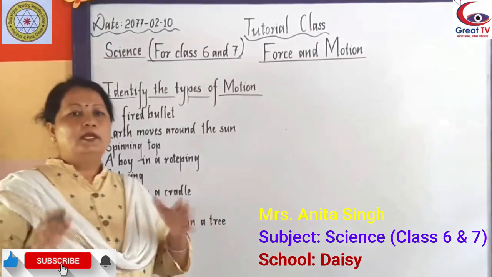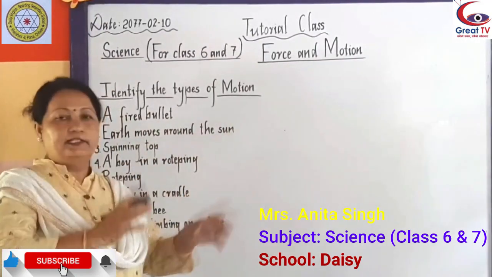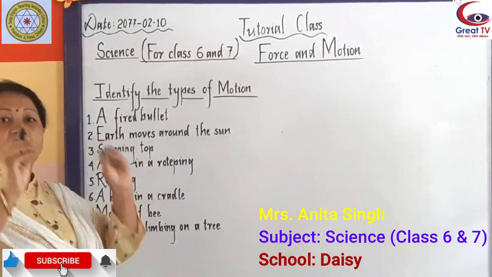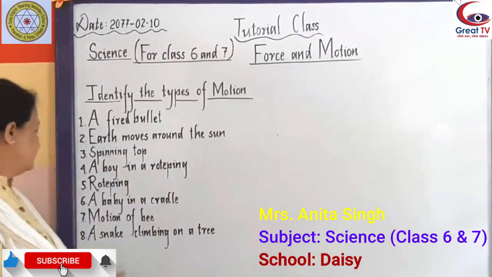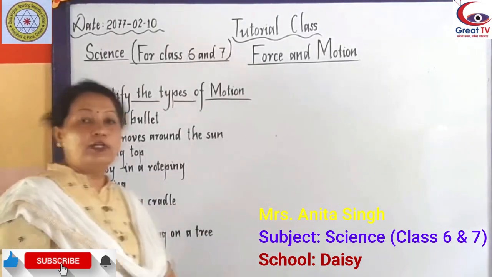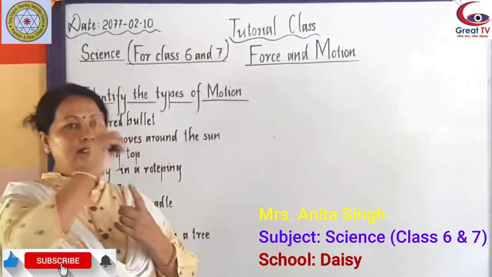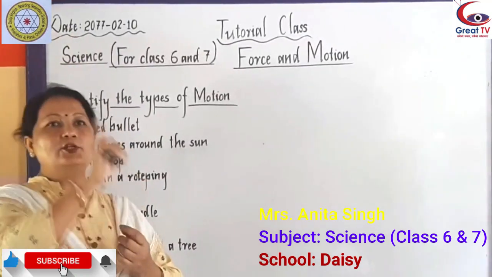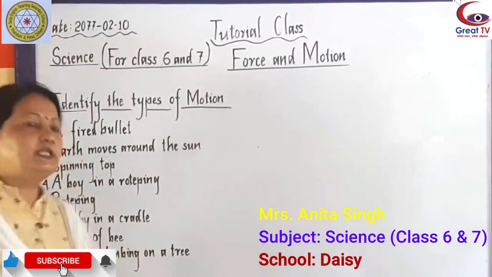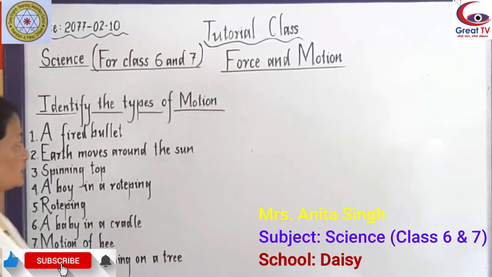A bee moves randomly with no fixed direction, so a bee has random motion. A snake climbing on a tree has both linear and rotatory motion, so it has spiral motion.